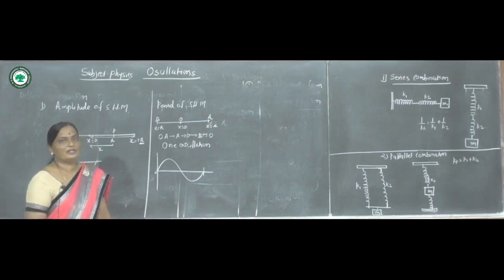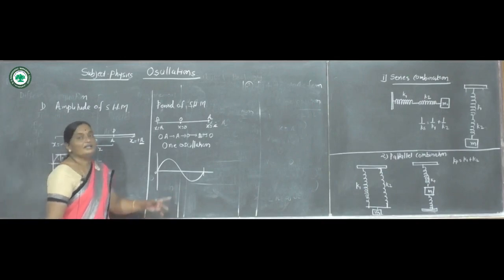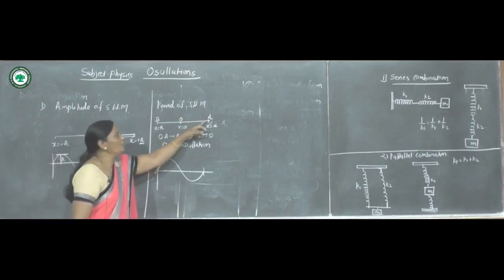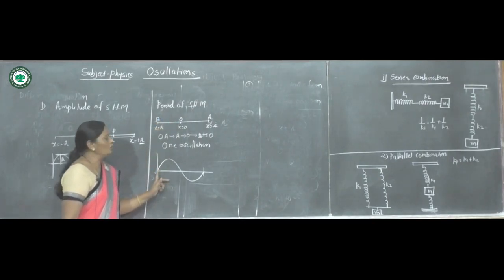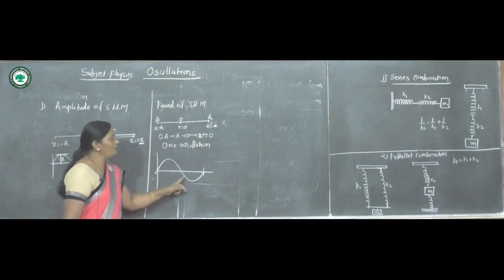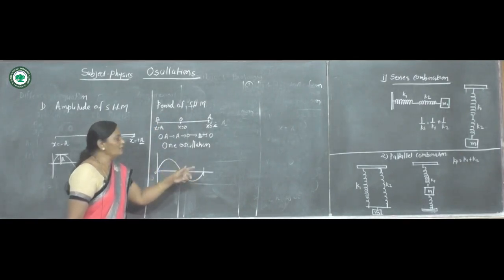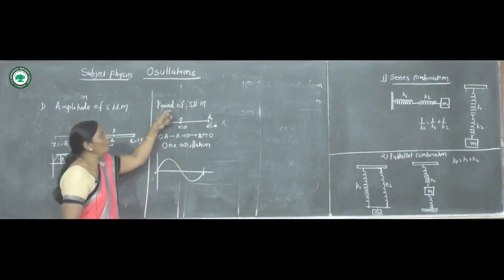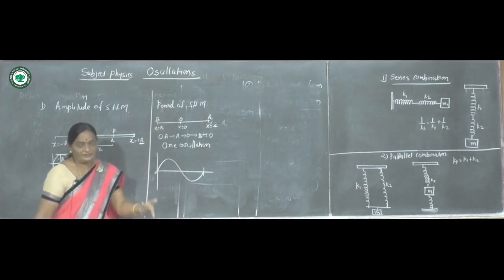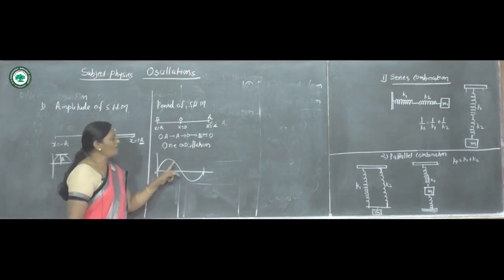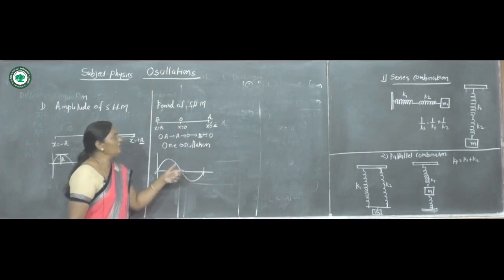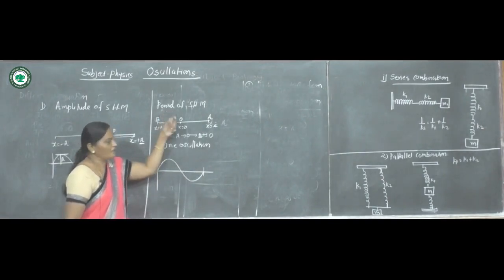Period of simple harmonic motion is the time taken to complete one oscillation when the particle performs simple harmonic motion. Therefore, we define the period of SHM as the time taken to complete one oscillation.